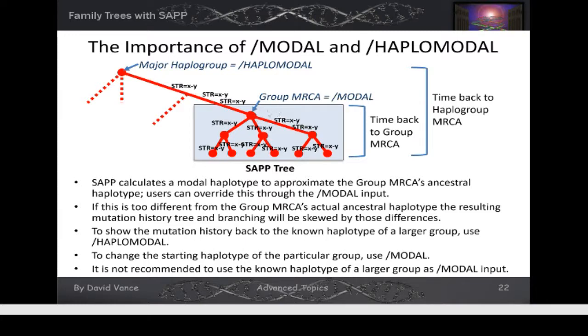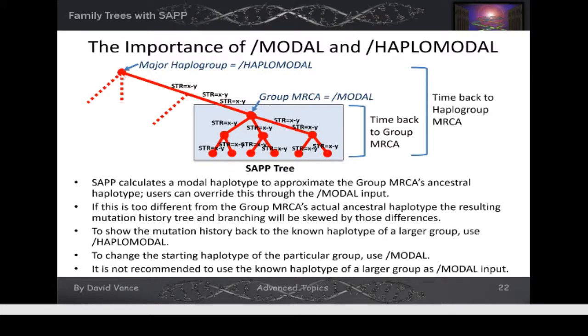What happens if you specify the larger haplogroup's haplotype for the /modal is that SAPP will try to cram all of these STR mutations, the ones that it recognizes, because some may be hidden when you put it into a shorter time frame, into the branching that has occurred from the group MRCA on down. So I'll say that again.